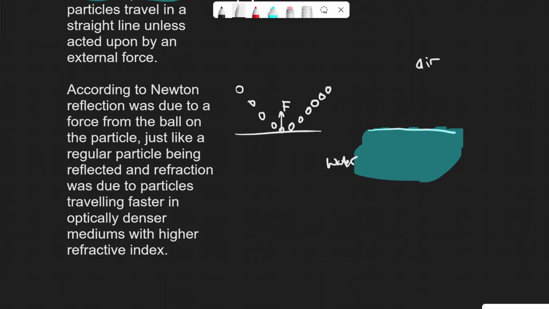When the particles go in, they actually start traveling faster, and because of that, they will change their direction as they enter the water, and then they're going to be bending towards the normal. So in this region, the speed of the corpuscles is higher.